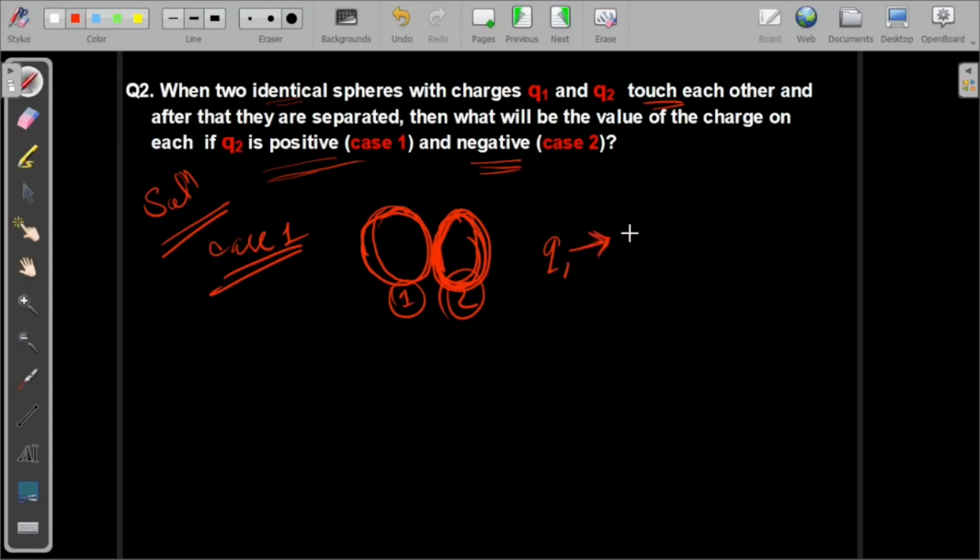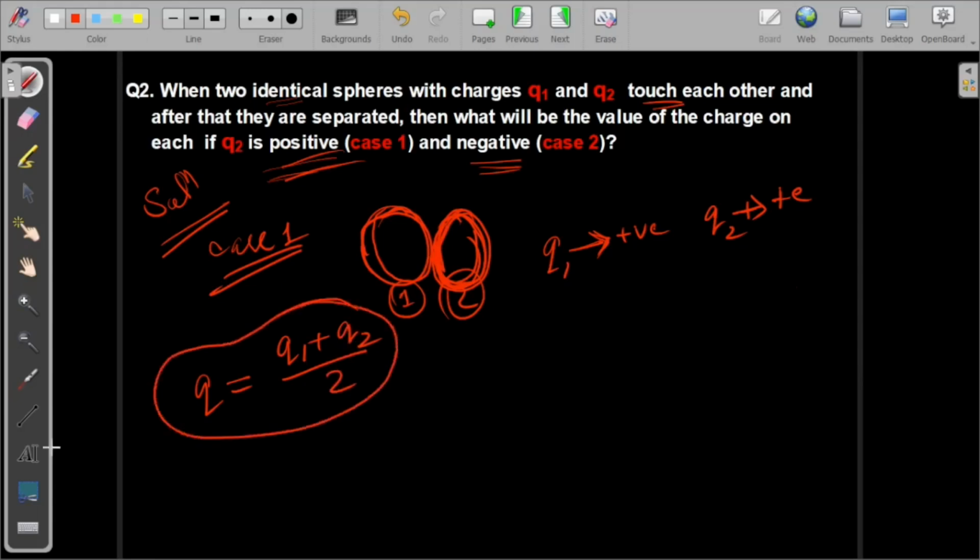Suppose here we are taking this as positive, and q2 is positive, first case. What will be the amount of charge on each body after contact? Suppose that is denoted by Q. How do you get it? You simply add the initial charges on the two bodies and divide by 2. In this way, you will get the final value of charge on each body.